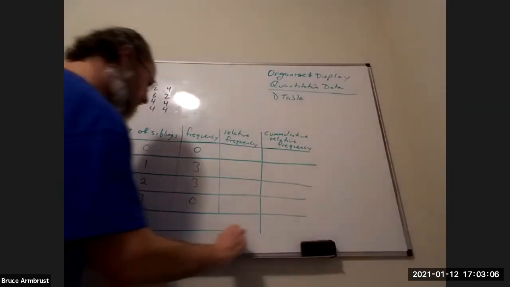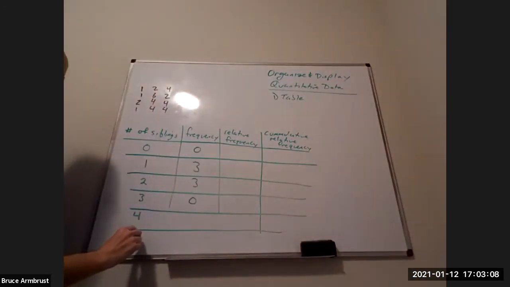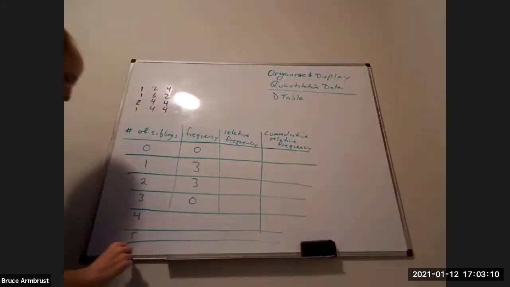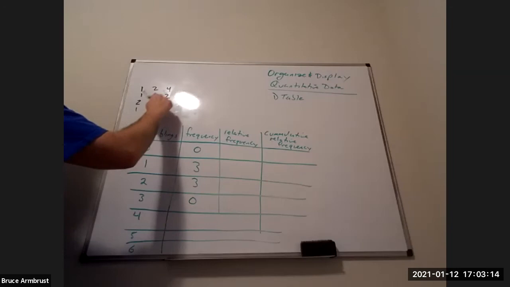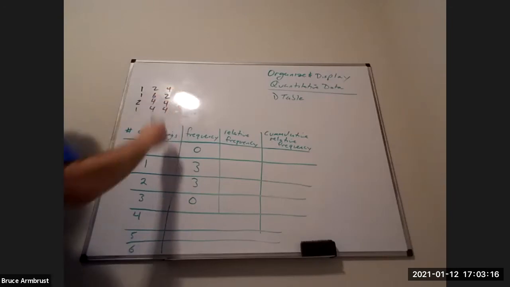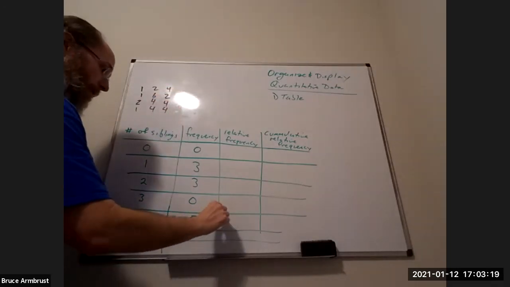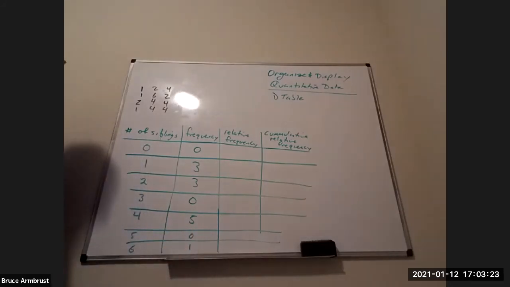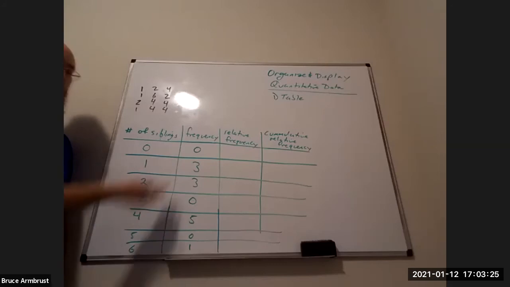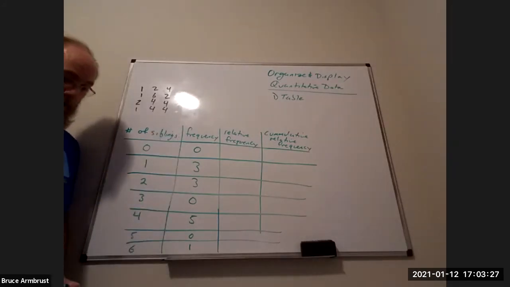So 4, 5, 6. So 4 showed up the most frequently. There were 5 responses of 4, no responses of 5, and 1 response of 6. All right, so those were our frequencies.